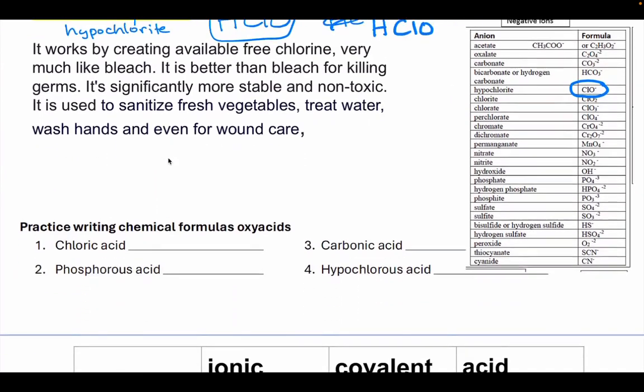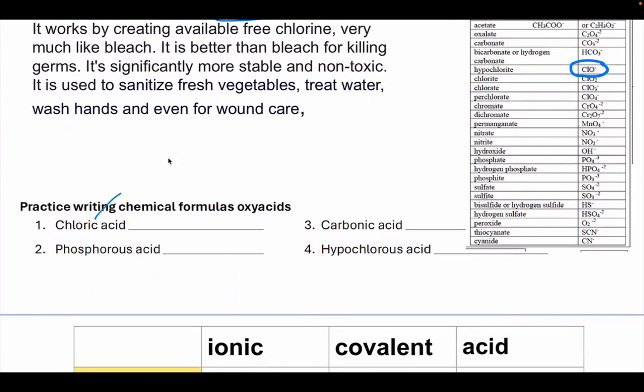So here's some more. Chloric comes from chlorate. And if I'm right over here, ClO3 with hydrogen, so HClO3. Phosphorus comes from phosphite, which is somewhere. Where is it?